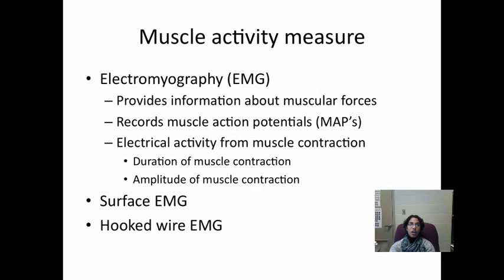Okay. The other thing I also want to cover is muscle activity. EMG, electromyography, provides us information about muscular forces. This is also a peripheral level. You are placing electrodes at the level of the muscle and you're recording the muscle action potential.